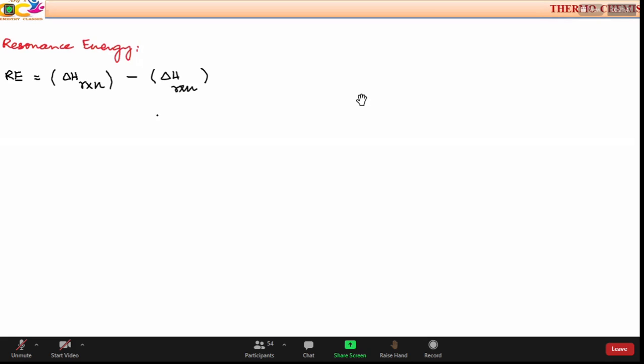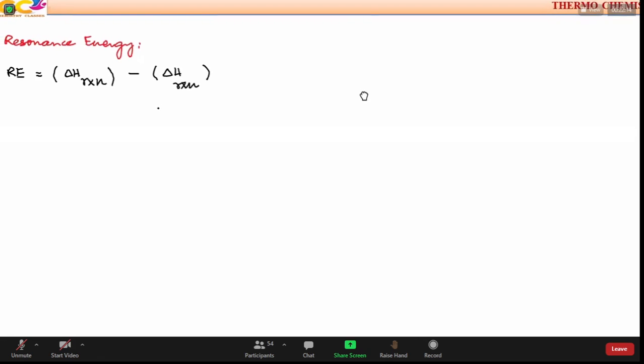This is called experimental value. Then what is the theoretical value? Calculated value means he will give you bond energy, he will give you enthalpy of formation, and you calculate the enthalpy of formation. If you are calculating the enthalpy of formation, that is called calculated, that is called theoretical value. Whereas if he has given it in the question, that is called experimental value. The difference of this is known as the resonance energy. Remember, always experimental value will be less. Experimental value will always be less. Theoretical value, or some people say calculated.